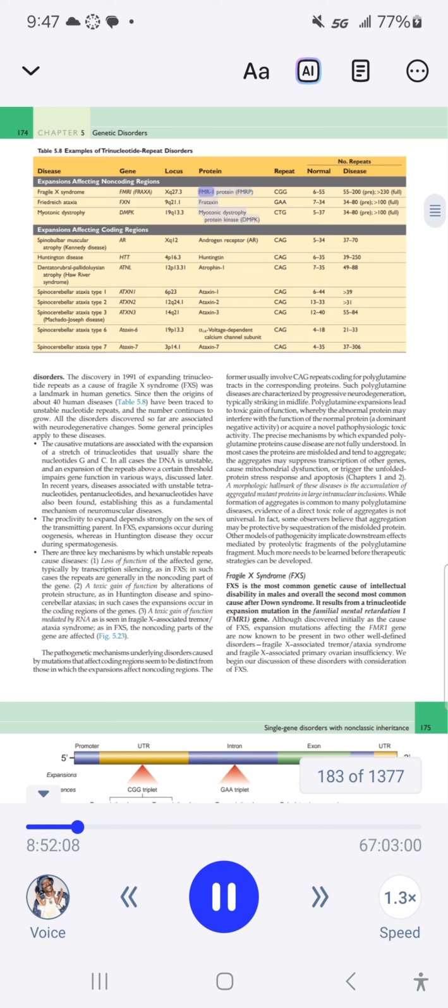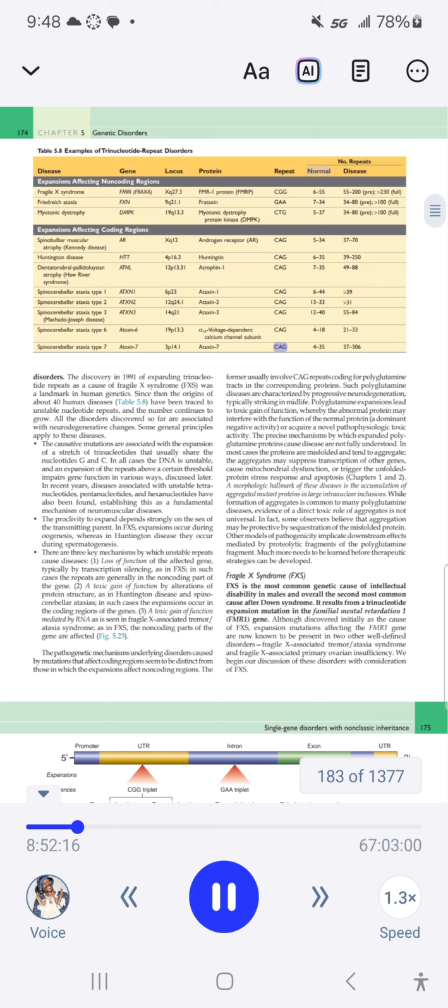Protein, FMR1 protein FMRP frataxin myotonic dystrophy, protein kinase DMPK, androgen receptor, AR, Huntington, atrophin 1. Ataxin 1, Ataxin 2, Ataxin 3. ALPH, A1, A voltage-dependent calcium channel subunit. Ataxin 7, repeat, CGG, GAACTG. CAG-G, CAG, CAG, CAG, CAG, CAG.